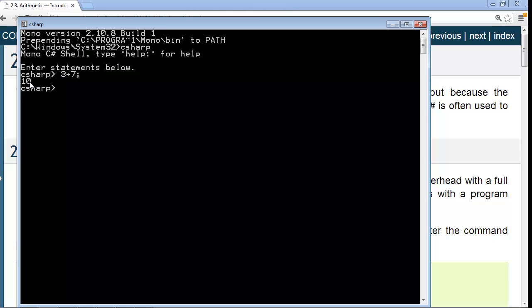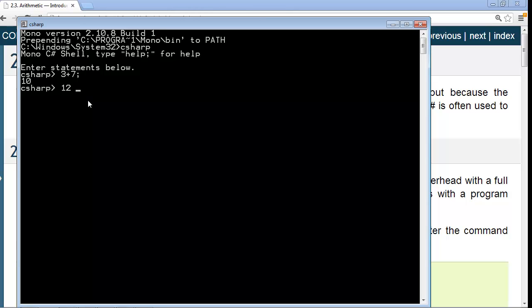And you'll notice that with no indentation here, it gives you back 10. What it does is it evaluates an expression and then displays the result. And if we're going to talk about arithmetic, this is definitely handy. We can also do subtraction.